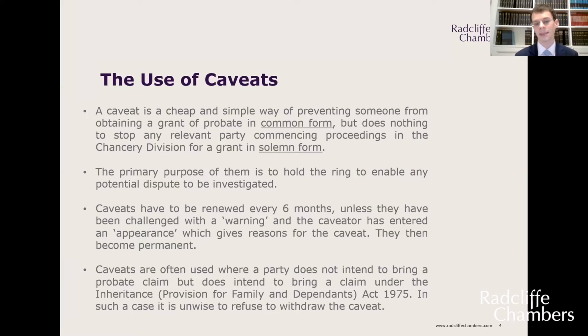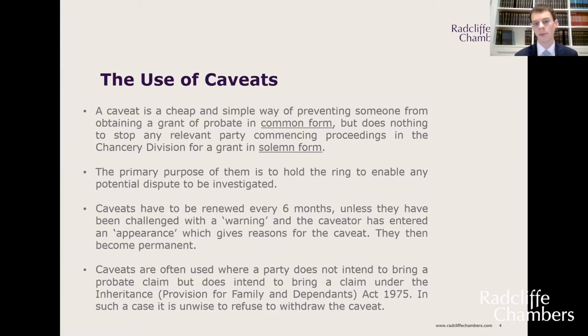And this is again a simple step, but it does require some reasons to be given why the person who has the caveat has an interest which is contrary to the person who gave the warning. So they've got to say something like, the apparent last will is invalid because it was procured by undue influence. I'm the beneficiary under the previous will, something like that. Once that's happened, they become permanent in the sense that they don't need renewing anymore, but they can still be got rid of, and I'll come on to that in a moment.